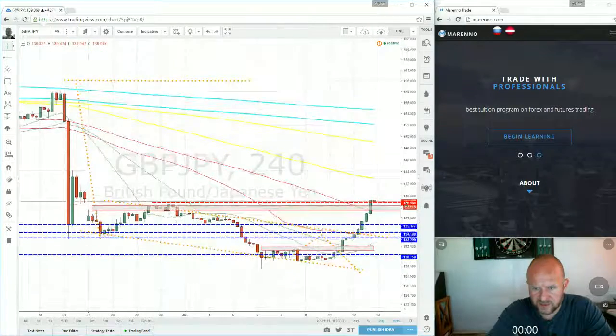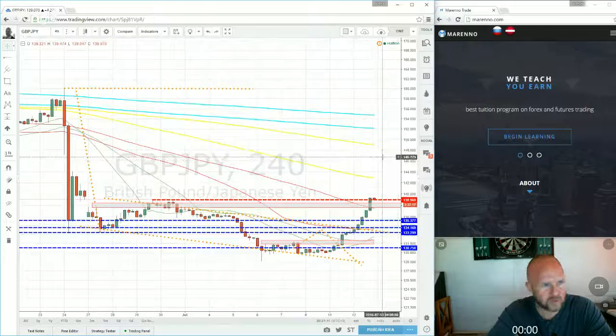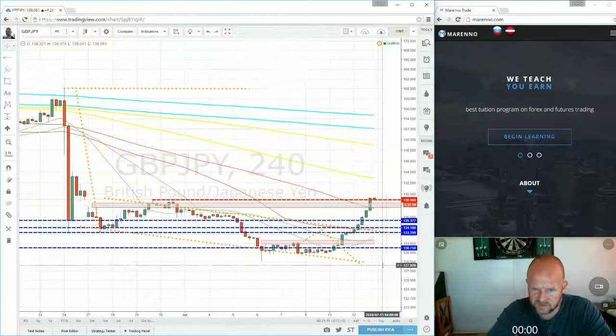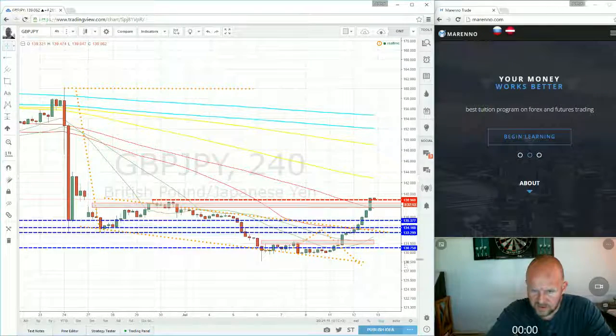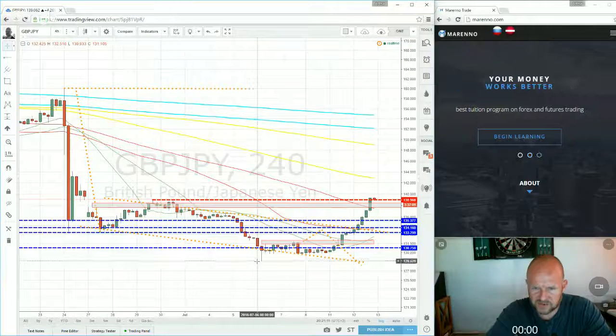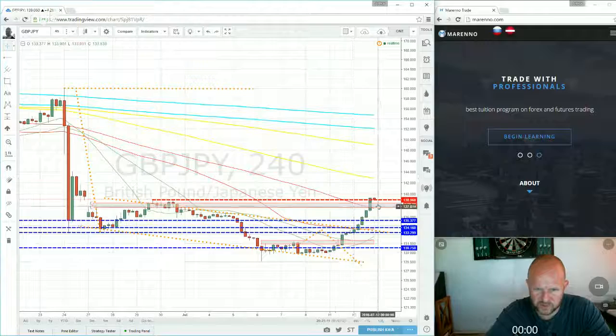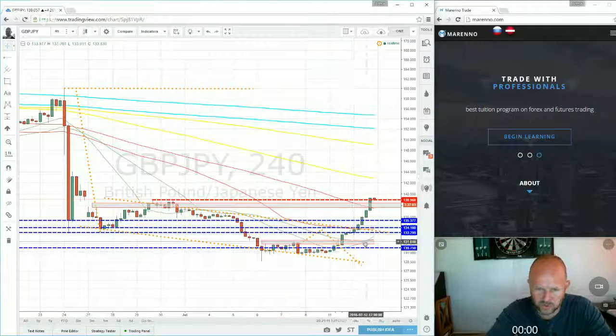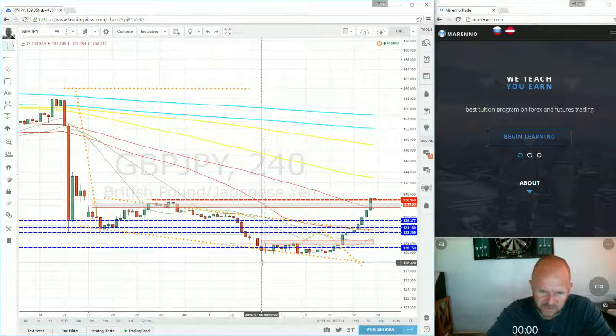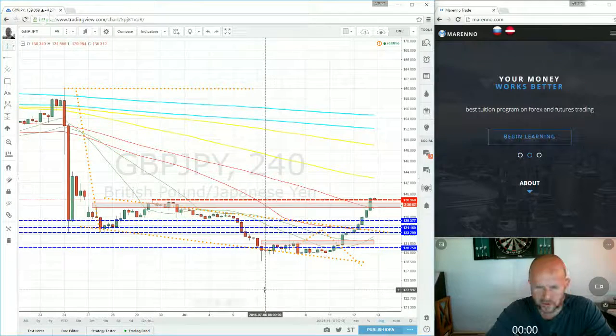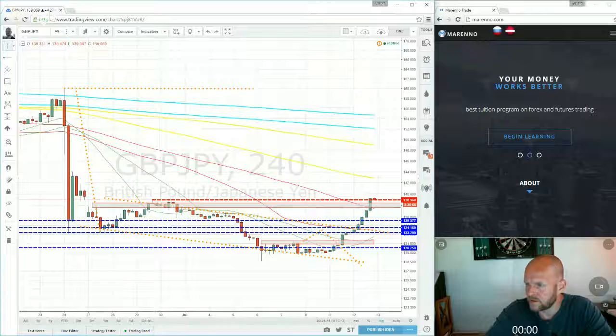Sell it with a short stop loss, not more than 25 pips, and a first target of 138.500, as this level must be triggered before the price will continue its up movement. But what is also possible is that breaking through this level will lead price to lower targets. Okay, let's go further.